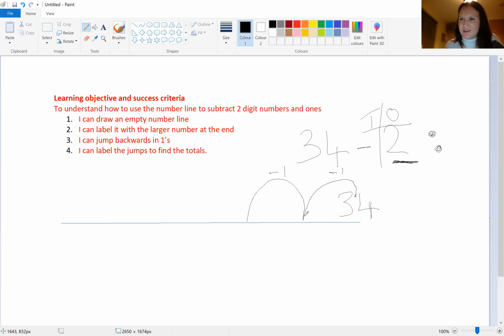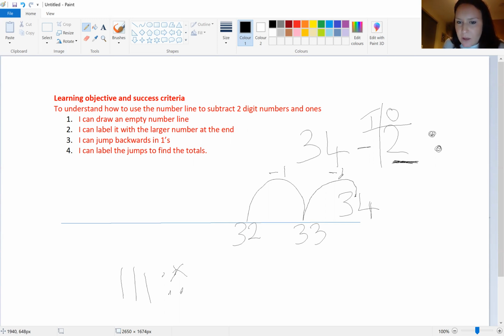Or we could also be thinking about what number comes before 34. If you're finding that tricky, you can either draw your tens and your ones, 34, and then take away 1 by crossing it out, or you could look at your 100 square. So 34, take away 1 is 33. Take away another 1 gets us to 32.